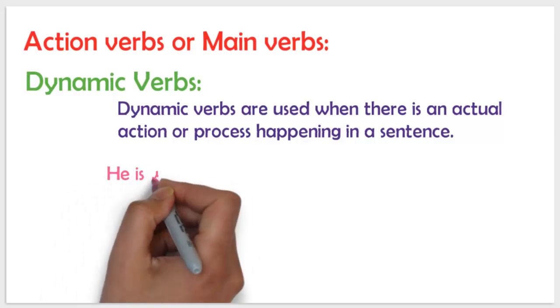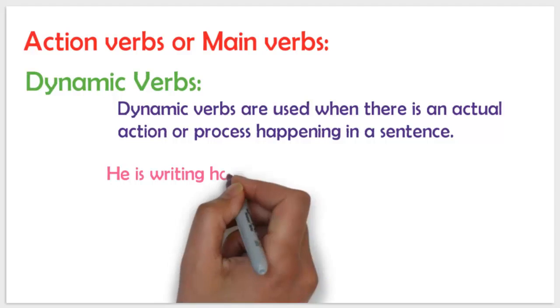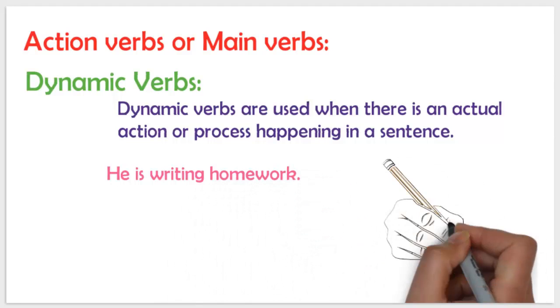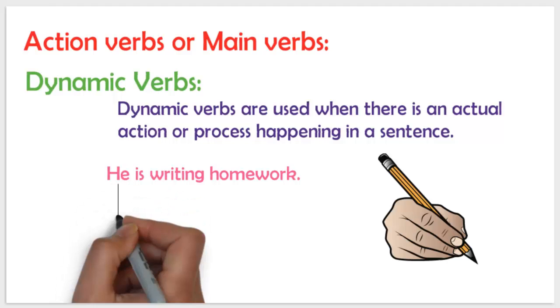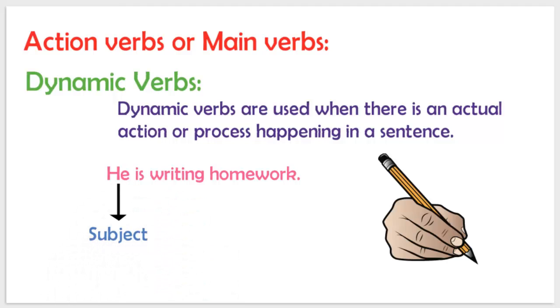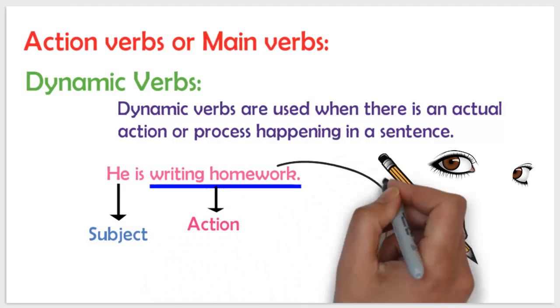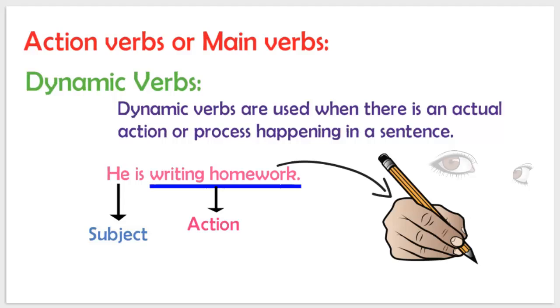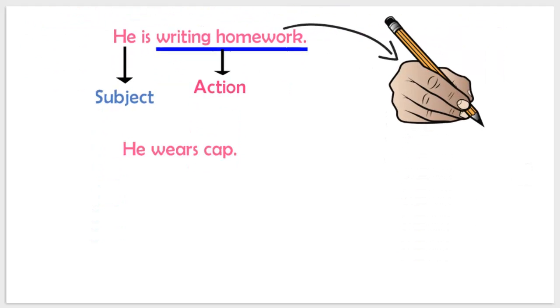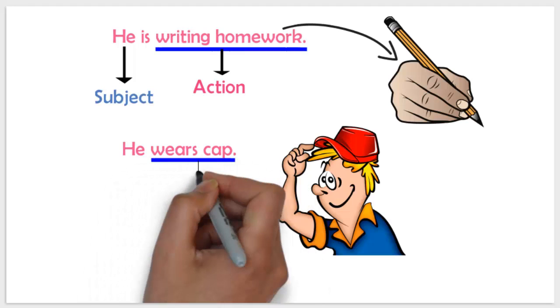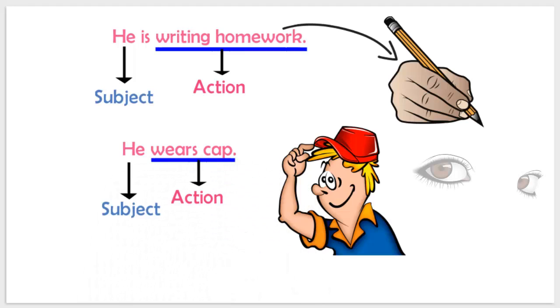For example, he is writing homework. Here, the act of writing homework is an action being done by the subject. This action of writing homework can be physically seen by someone. He wears a cap. Here, the act of wearing a cap by the subject can be physically seen.